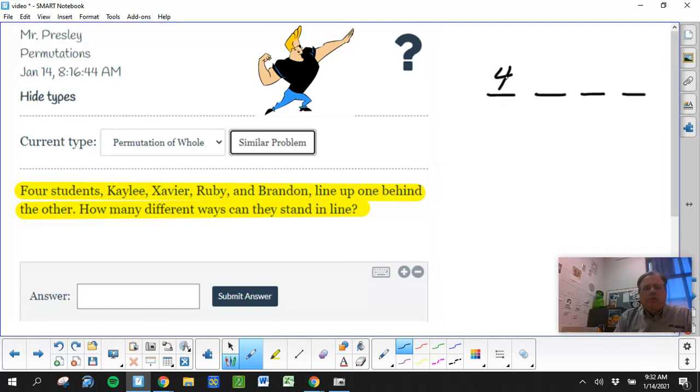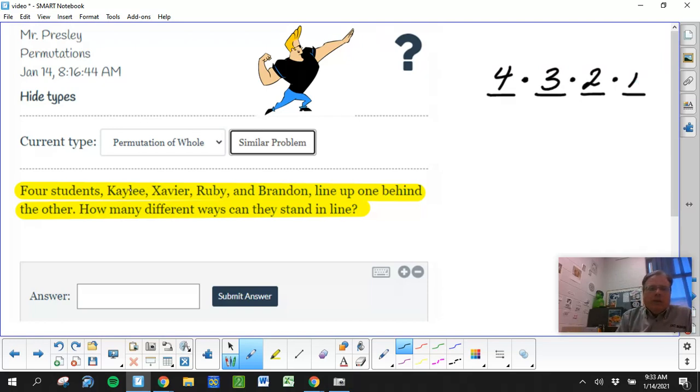Well, of those four choices, somebody is chosen. That leaves me with only three choices for second place. You also might think of batting orders or anything where you have to put things in order. So three, and one of those is chosen. Now I've only got two people that can be in this next to last spot. We pick one. Well, poor old Daryl, he gets chosen last, or maybe he worked it out that way. There's only one choice, that one leftover person.